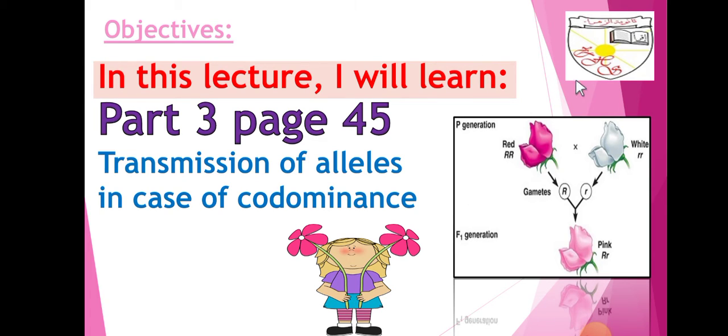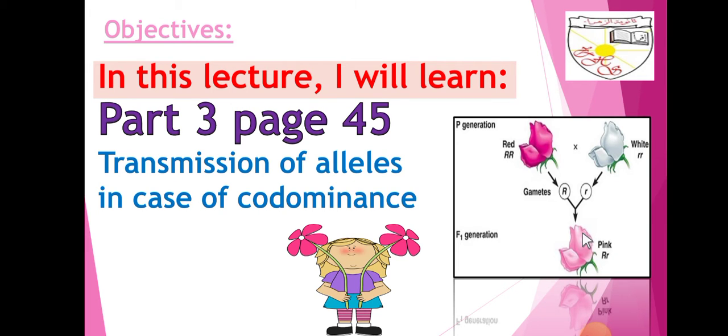So we have this example: a red flower crossed with a white flower gives a pink flower. This red phenotype and this white phenotype give a new phenotype that does not resemble one of the parents. It's pink, so it's new in the F1 generation.